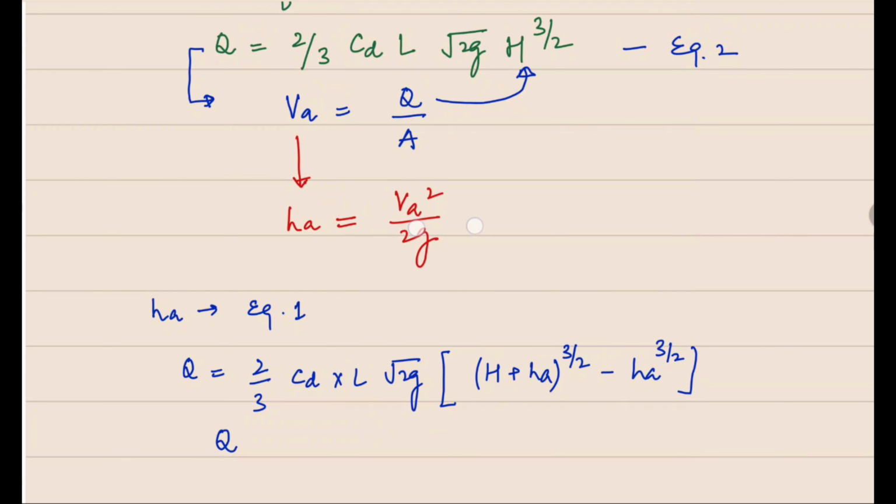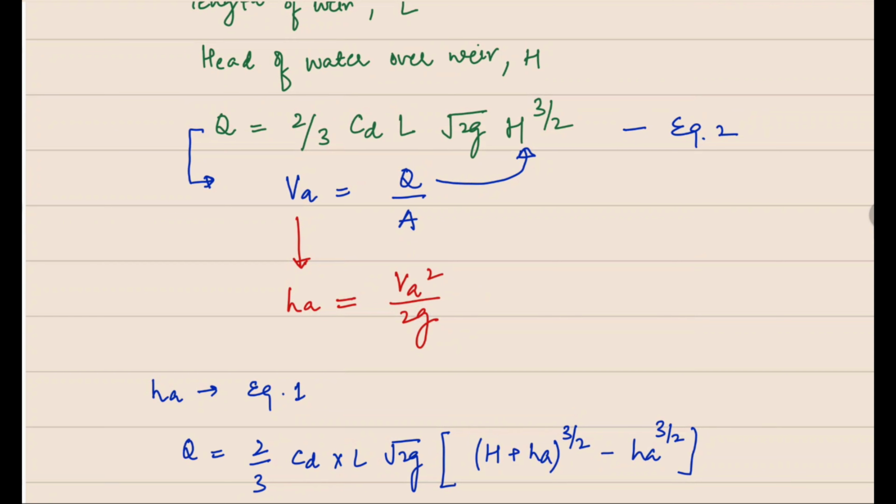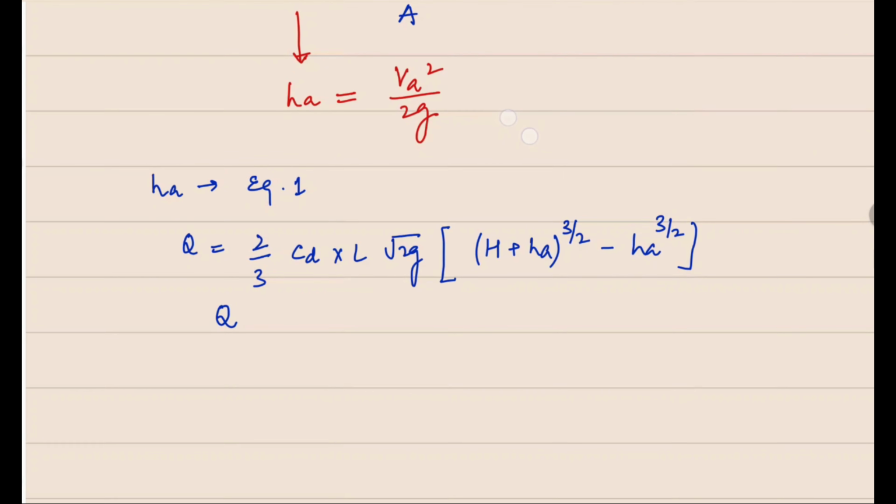So one Q value you got in the first case; we can say this is your iteration 1. The Q value you got from iteration 1 and the Q value you got again from iteration 2, you will compare.